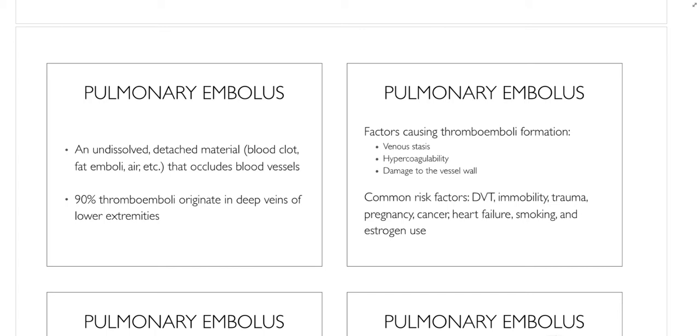They developed DVT. We can promote a DVT or any kind of pulmonary emboli from venous stasis, anytime we don't have enough blood movement, hypercoagulability, and damage to the vessel. We may have multiple of these factors working together, or we may just have one or two.